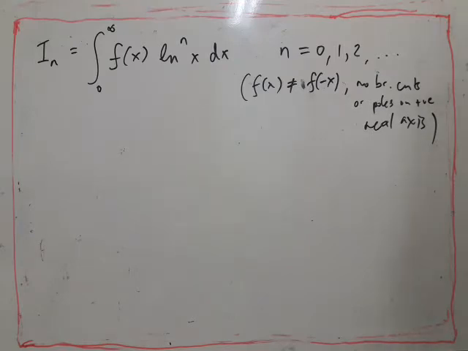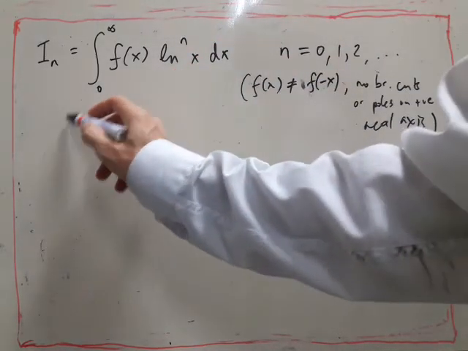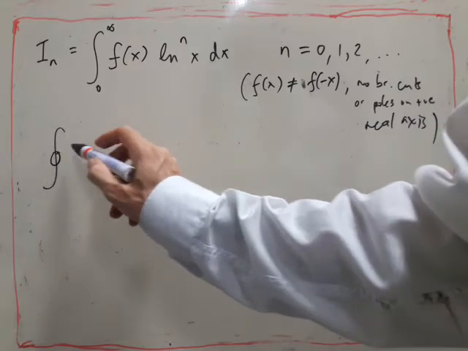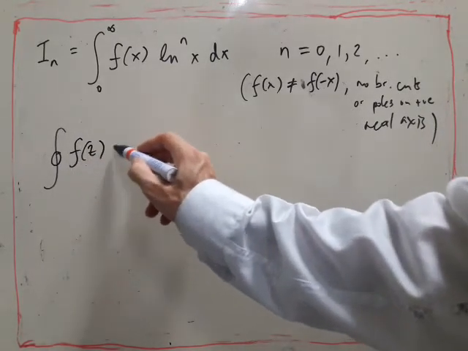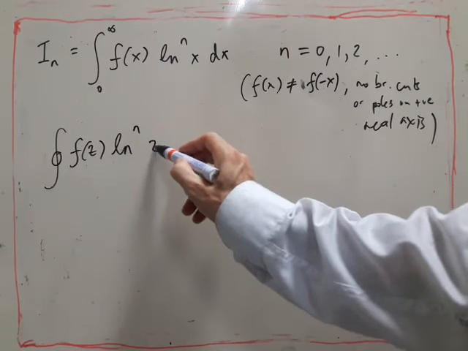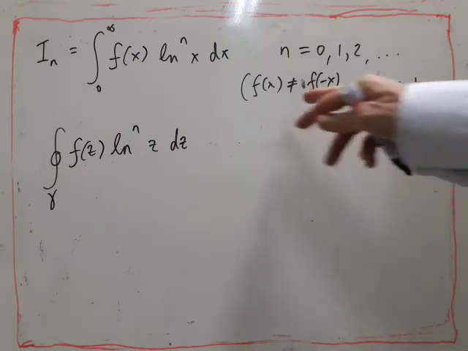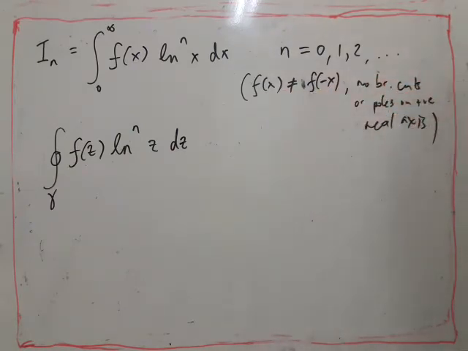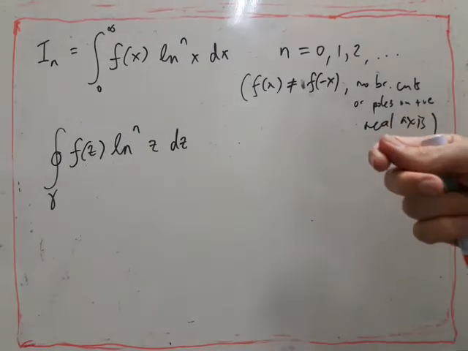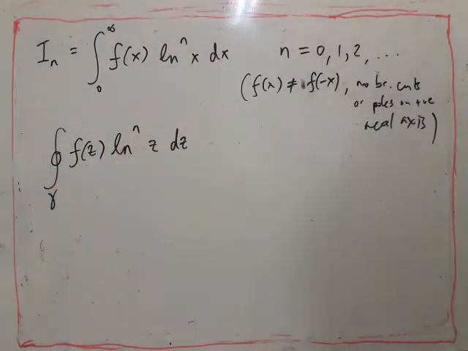So the trick, and this is the first instance of something which happens when we consider more advanced types of integrals to do via the residue theorem. At first sight, we would think that we would consider this contour integral. But if f has these properties, it's not even, there's no branch cuts, and there are no poles on the real axis as well, then if you did this, you wouldn't get very far.